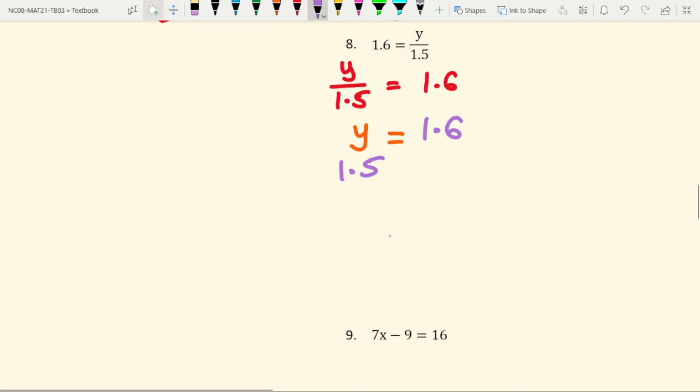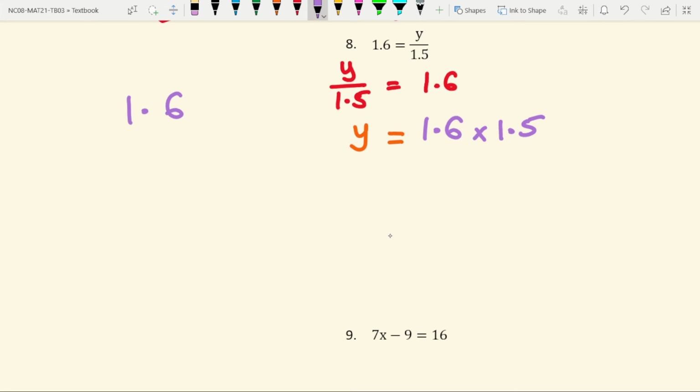So division will get converted into multiplication. While moving 1.5, divided by 1.5 will turn into multiplied by 1.5. So 1.6 into 1.5 we have to solve.